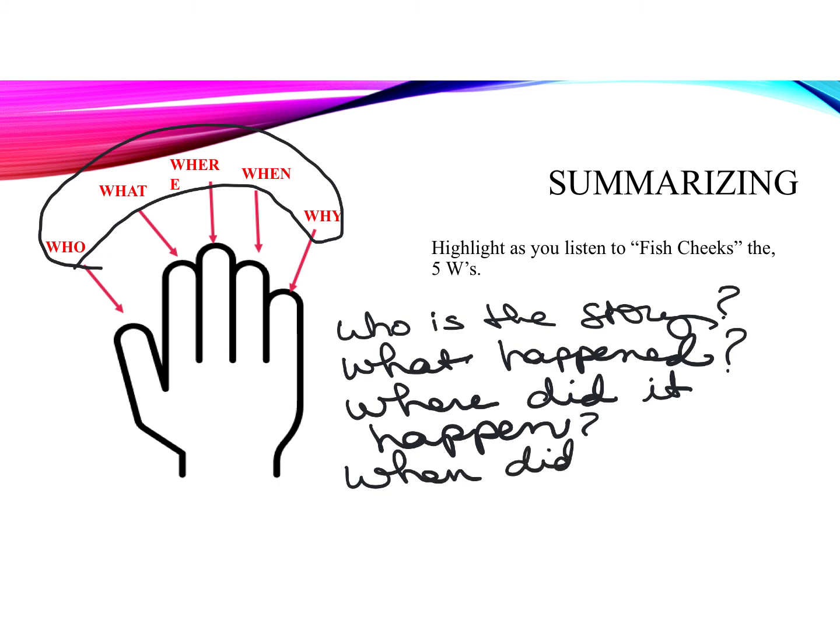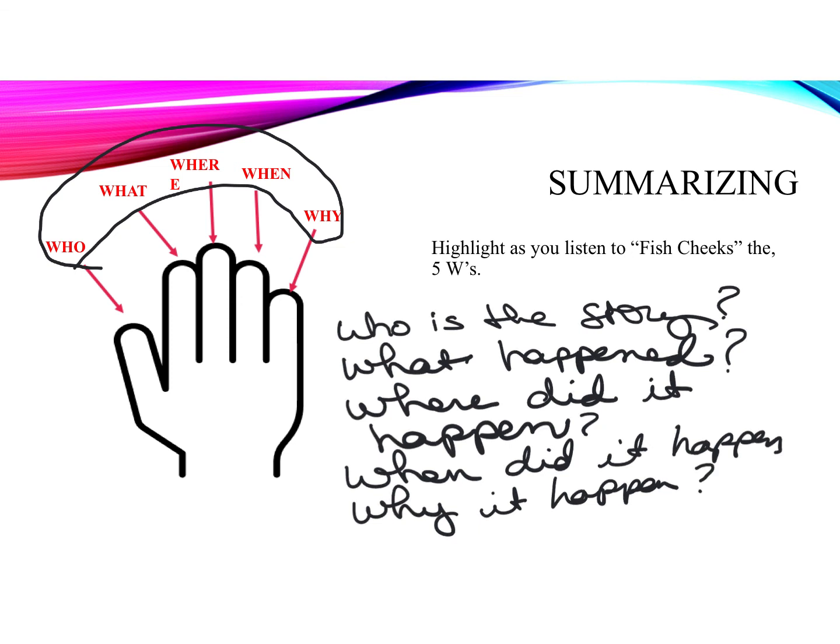On July 4th or March 3rd. And why? And again, these are all one sentence answers. Some of them you might be able to even combine into one sentence, making it a little bit shorter. But a summary is not long, okay? It's just short, sweet, and to the point.